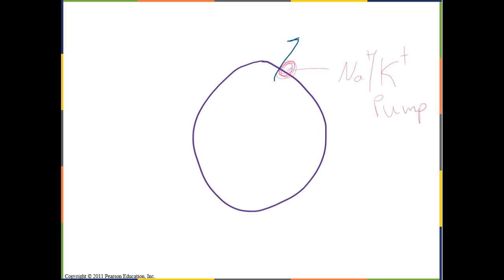You may recall sodium gets pumped out of the cell, which then means potassium gets pumped into the cell. So you have a lot of sodium outside the cell, a lot of potassium inside the cell.